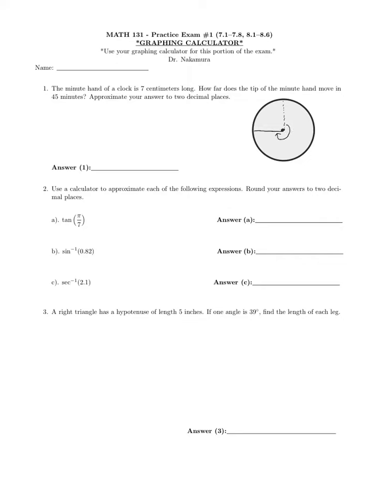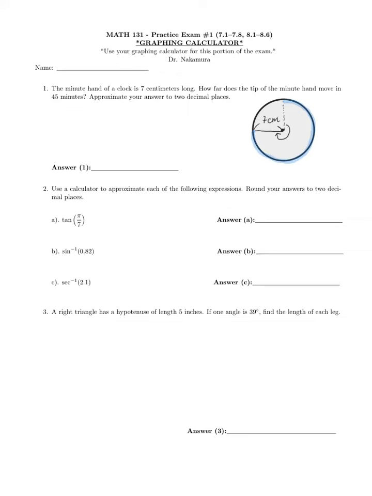All right, and then you're given that this minute hand, or I should say the radius of the circle, is 7 centimeters. Okay, so basically what the question's asking you is to find the arc length of the circle starting from the top and all the way up to the 45-minute mark.